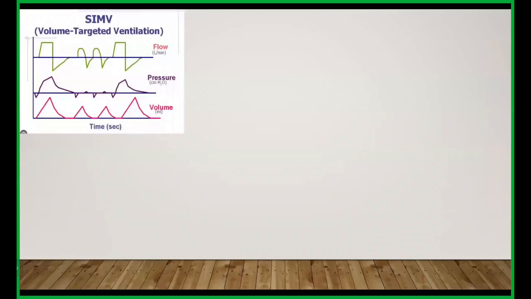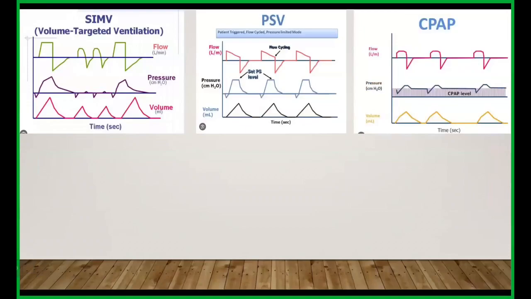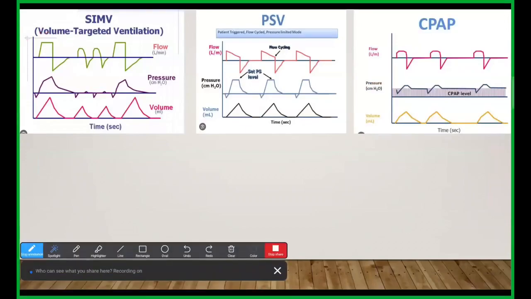Now, coming to your SIMV mode. So we can see the difference between the SIMV, pressure support ventilation, and the CPAP. See here, you have a mandatory breath, in between which is your spontaneous breath in your SIMV mode.